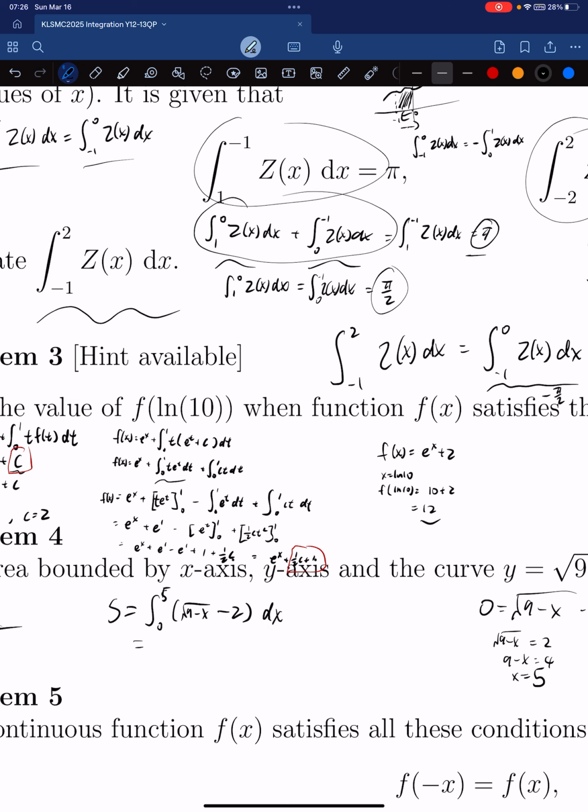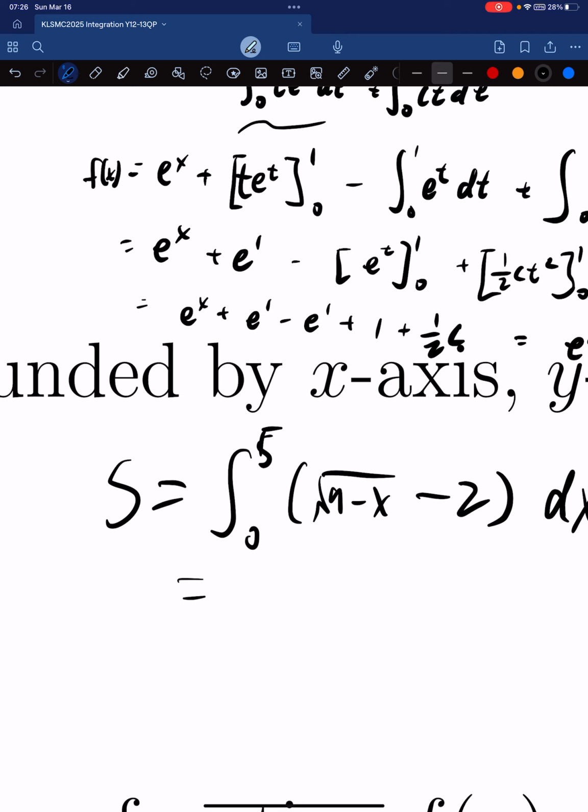To integrate this function, you can consider a substitution, but I don't think that's needed because it should be a very straightforward integration where you can hopefully realize that this goes to a form of 9 minus x to the power of 3 over 2, and the constant in front should be negative 2 over 3.